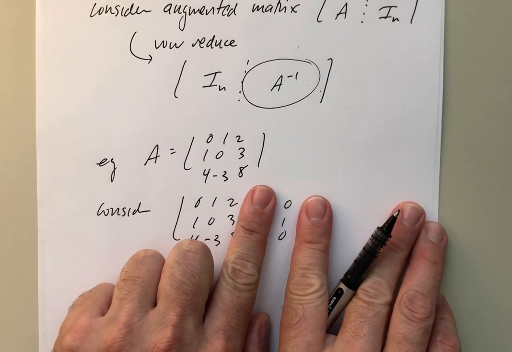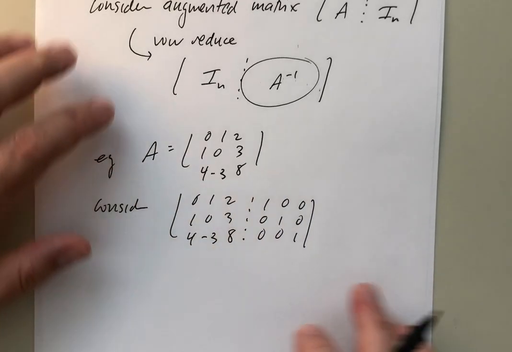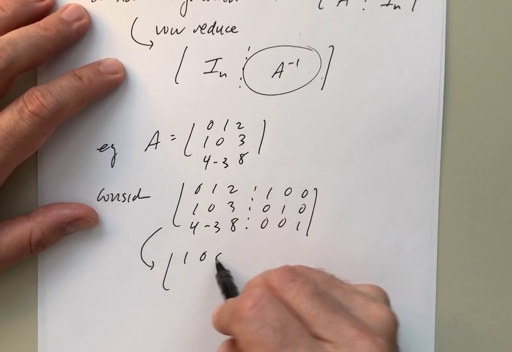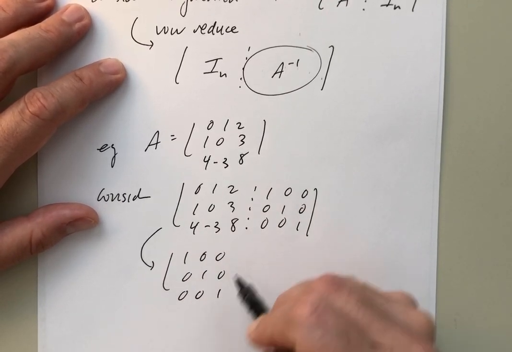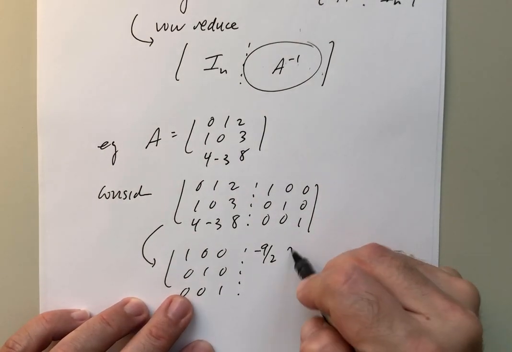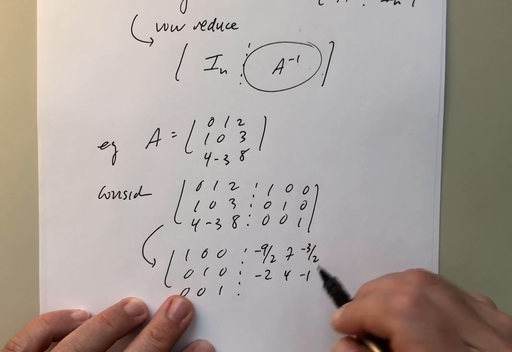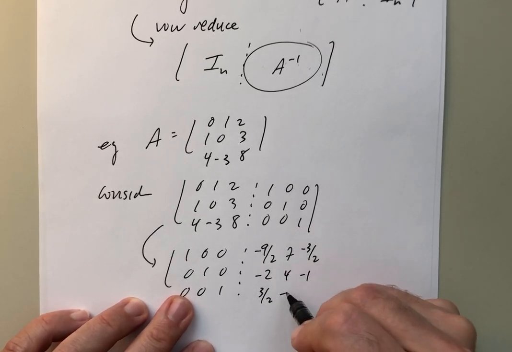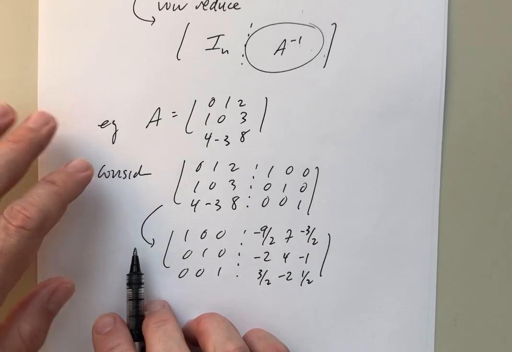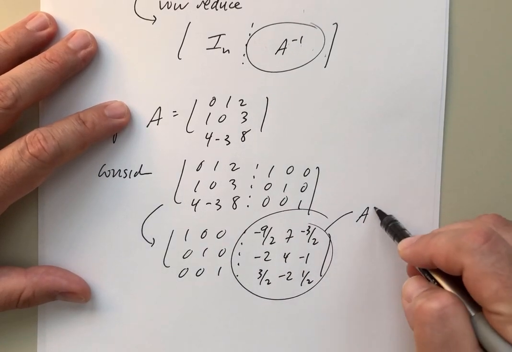I'm also solving this at the same time with the 0, 1, 0. And I'm solving the third one at the same time. So I'm actually solving 3 different systems. When I reduce this, the left side will reduce to 1, 0, 0; 0, 1, 0; 0, 0, 1. And then here you get some fractions: minus 9 halves, 7, minus 3 halves, minus 2, 4, minus 1. Okay, so you get some numbers here. This step is a lot of row reduction, but you're going to have to pay the price somewhere. And this is your inverse, so this will be A inverse.